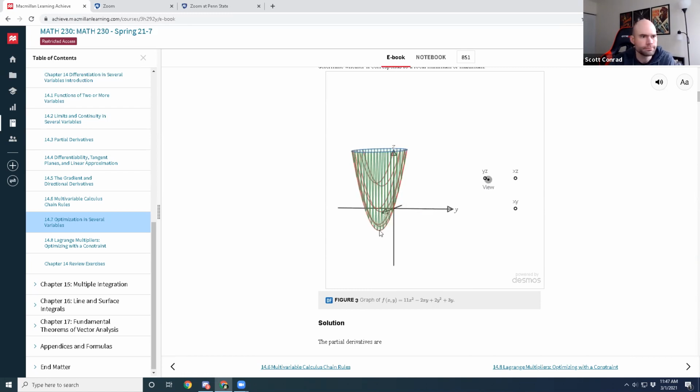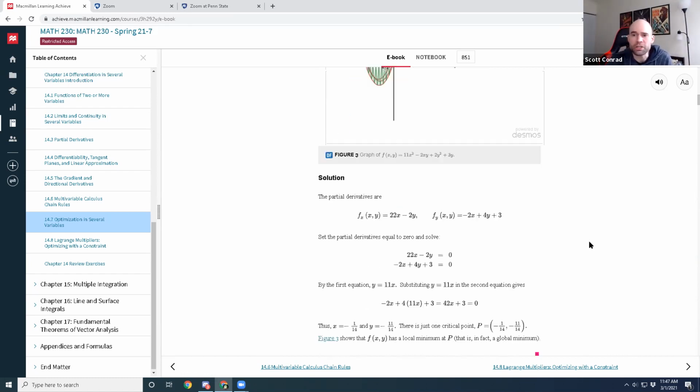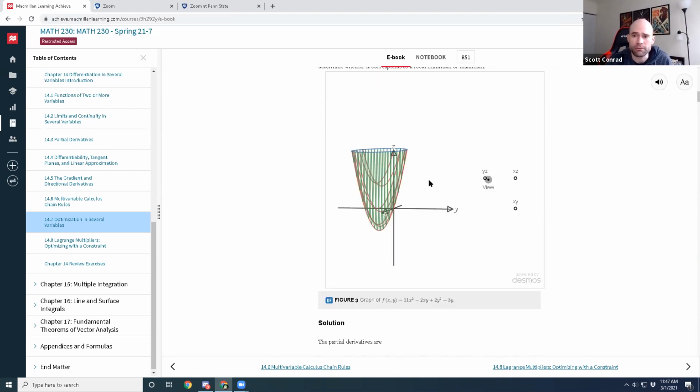This is the point where it happens. It's a local min of our function. We don't immediately know how to tell that it's a local min from the equation, but it's obvious when you look at the graph. We'll talk about that in just a second.